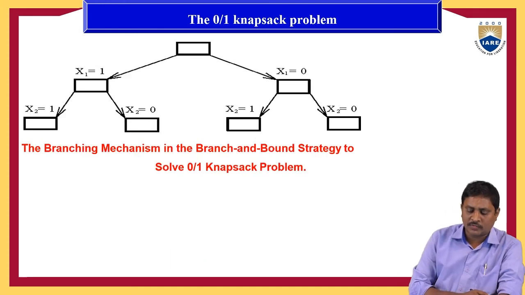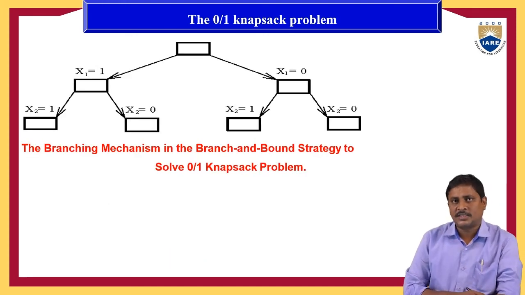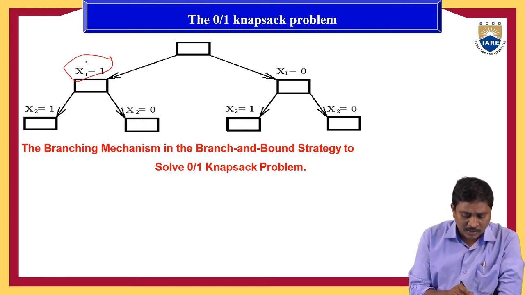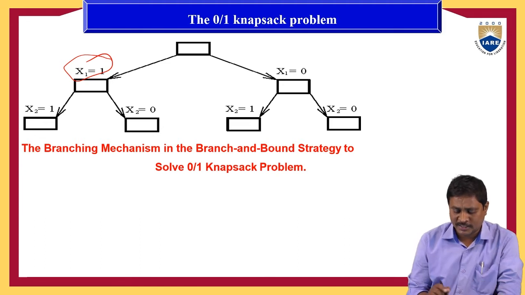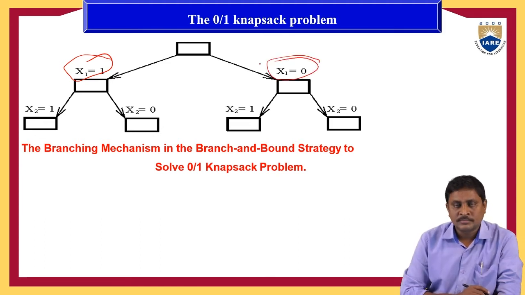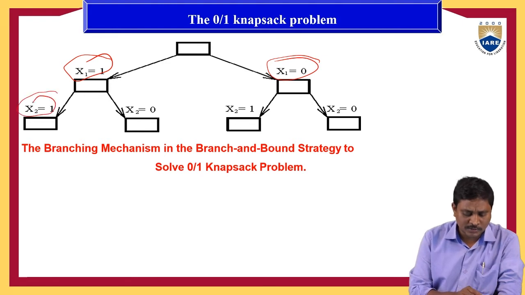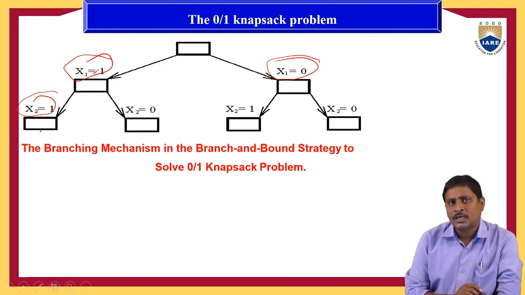Now in this 0-1 knapsack problem, suppose we insert the first weight into the bag, in that case x1 equal to 1. If we have not inserted that weight value into the bag, in that case x1 value is 0. Suppose x1 equal to 1. Next we get two different choices: x2 equal to 1 or x2 equal to 0. x2 equal to 1 means we insert that second weight value into the bag.